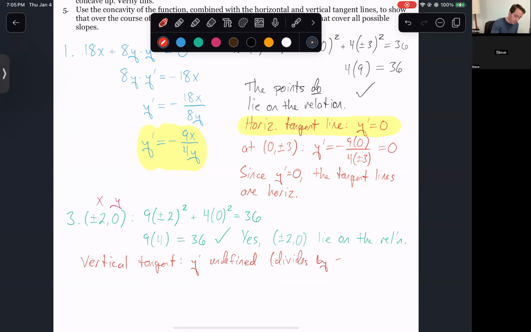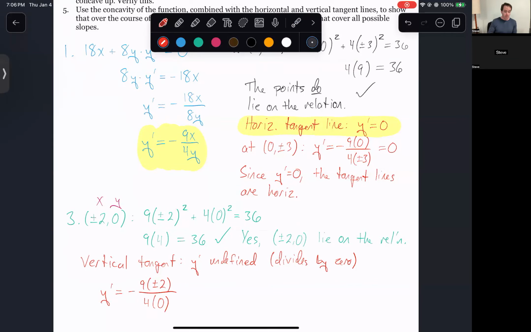It's not hard to see that division by 0 requires that y equals 0, right? Look at the formula for y prime that we have from before. If y gets replaced by 0, then this will result in division by 0 because the bottom of the fraction will be 0. To get more explicit about it, we can say y prime equals negative 9 times, yes, plus or minus 2, then divided by 4 times 0.